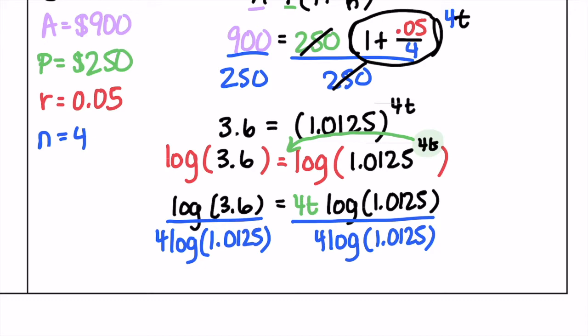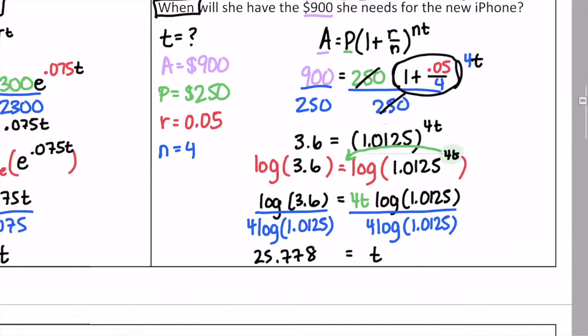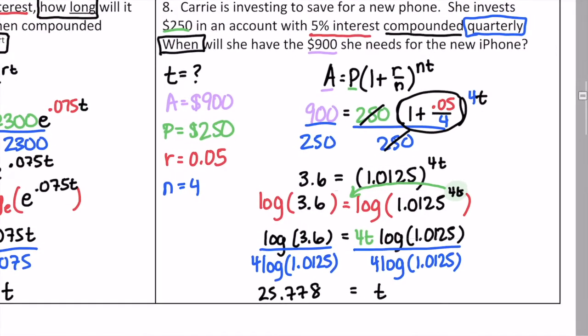So when I do this, t is equal to log of 3.6 divided by, in parentheses, 4 log of 1.0125, because otherwise your calculator will divide by 4 and then multiply by log of 1.0125. And I will get 25.778.